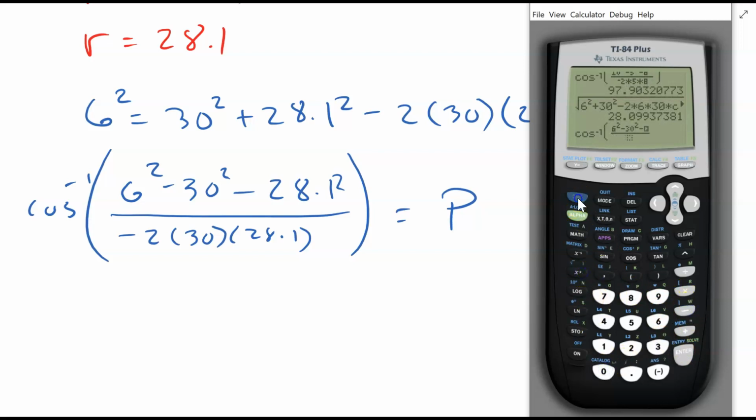And rather than 28.1, I'm going to use the full decimal. So if I press second and then the negative symbol, that gives me the answer command, which is just whatever the last output my calculator had. So when I do that, I get 11.24. Let's just call that 11.2 maybe.